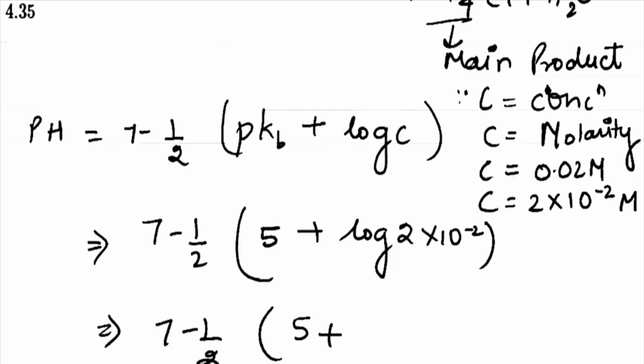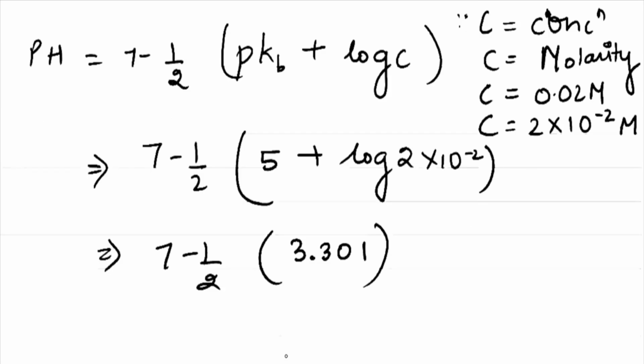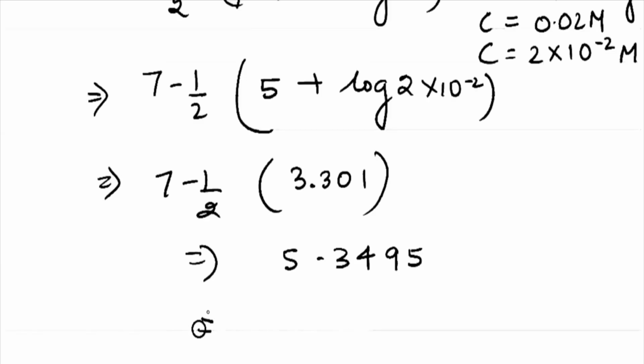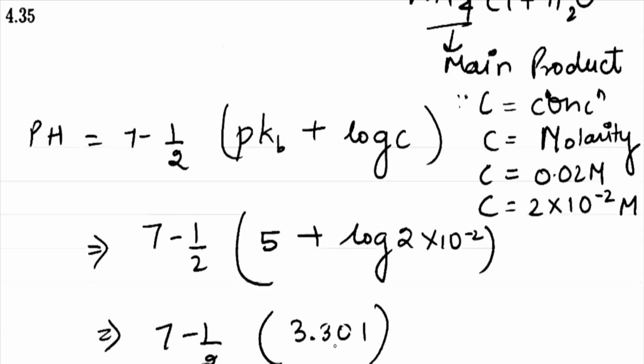I am writing the total here because I have calculated it earlier. So the value would be 3.301, and after that this would be 5 minus 3.495 something, as calculated earlier. When I take an approximation, it would be 5.35 as the option says.